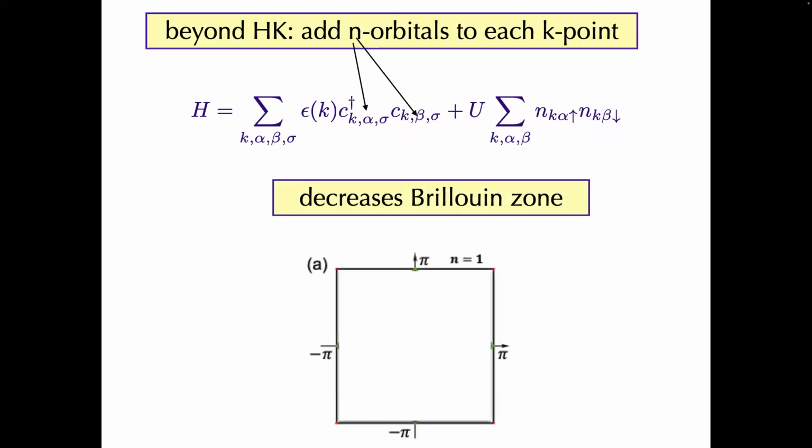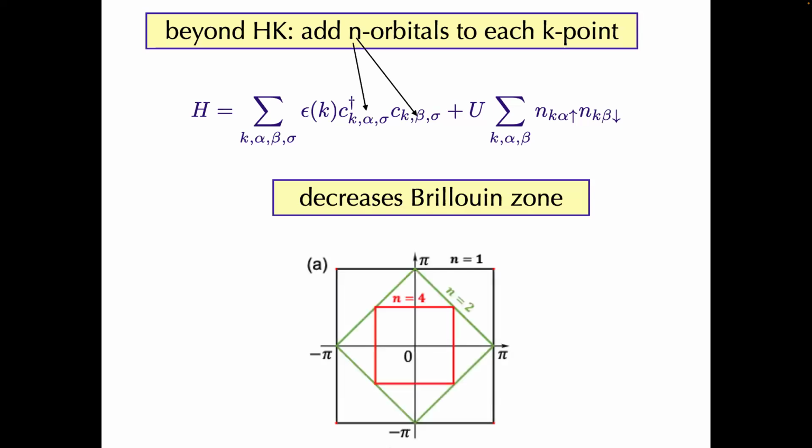Okay? So n equals 1 is just the garden variety HK model. n equals 2, it shrinks like this. n equals 4 is like this. And as you let n go to infinity, this is the form of the interaction term, just taking the limit in which alpha and beta are the same, otherwise you end up with a different model, which I don't care about.